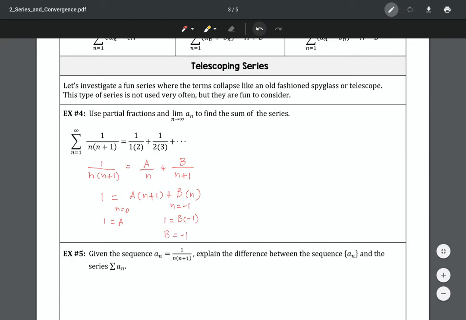So I can split the series, if you will, into two different series. I have one that would look like this, and I have another one that would look like this.